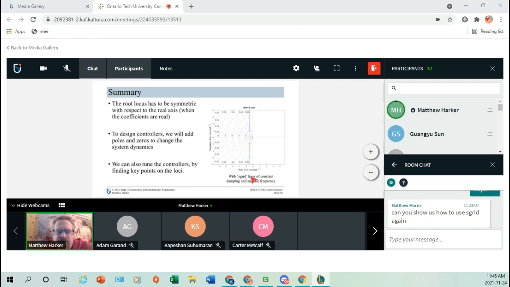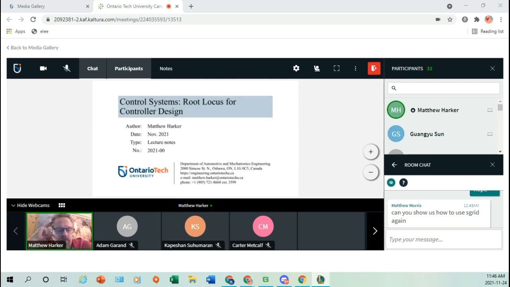So in MATLAB, it's just calling S-grid, and it shows you the damping ratios and the natural frequencies. Again, to repeat, the S-grid only applies to a second order system with those two poles. When we say this system has a damping ratio and it has more poles than a second order system, it's a pseudo damping ratio and pseudo natural frequency based on the fact that we're looking at the dominant poles, right?